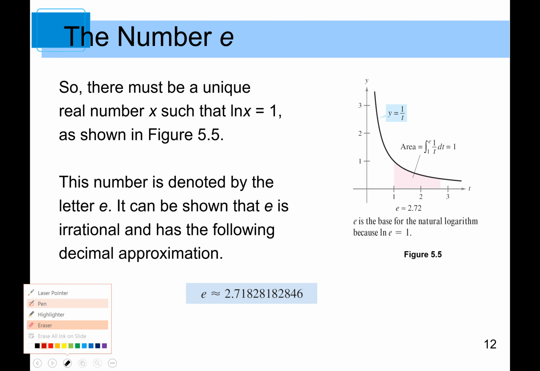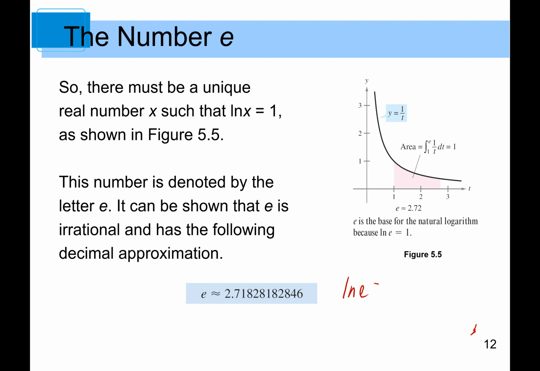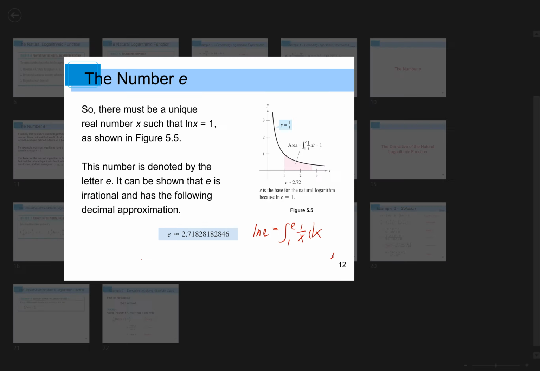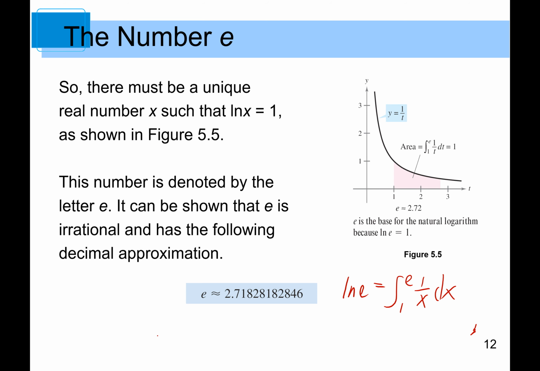Alright, so technically speaking, Ln of e is defined using the integral of 1 over x dx. And here you can just use another variable, t.